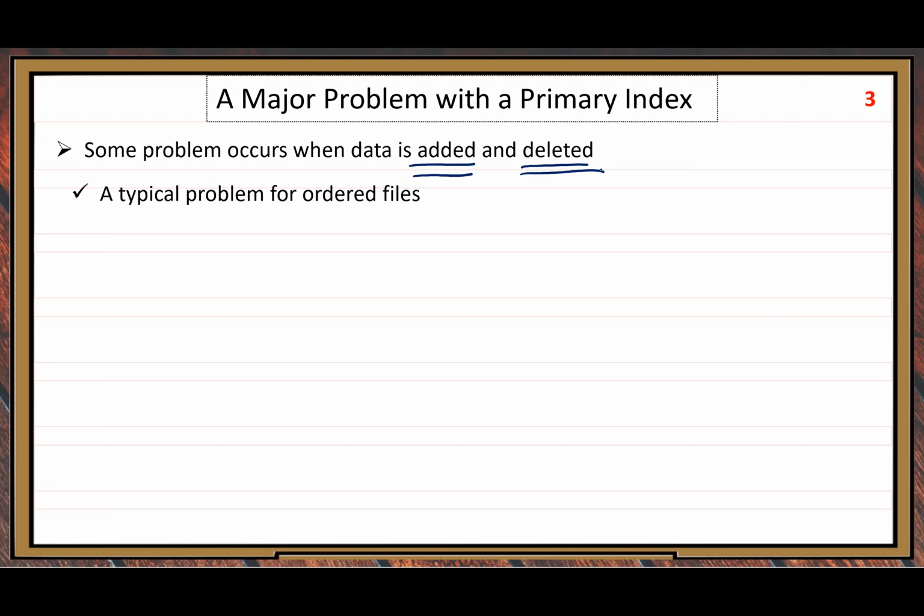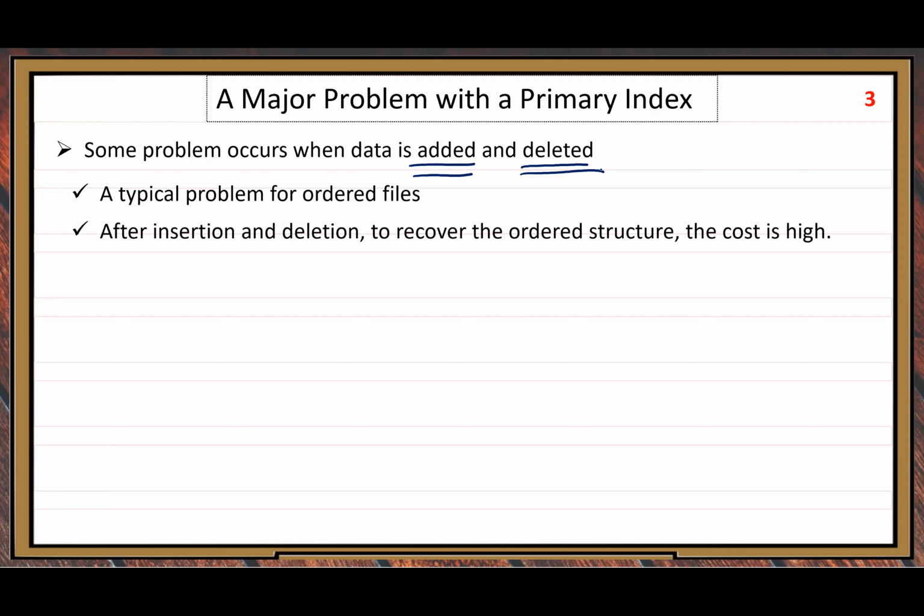A typical problem for ordered files: when you have ordered files, you need to maintain the order. You need to pay a lot of cost maintaining the order information of the stored data.